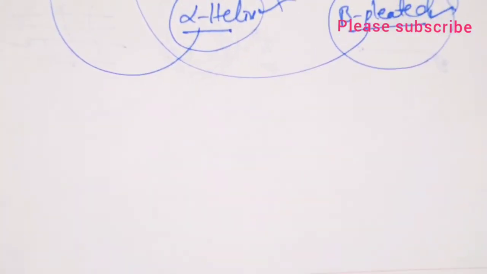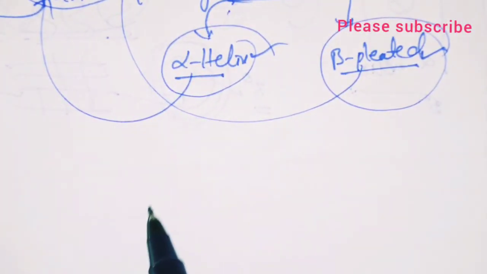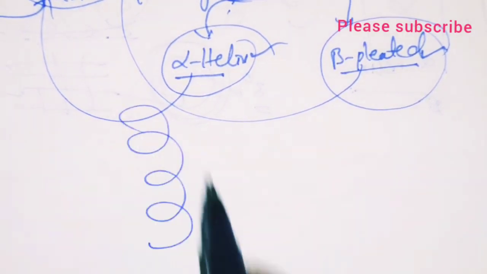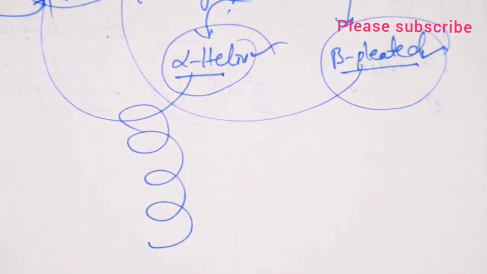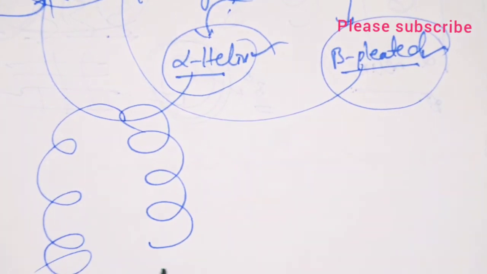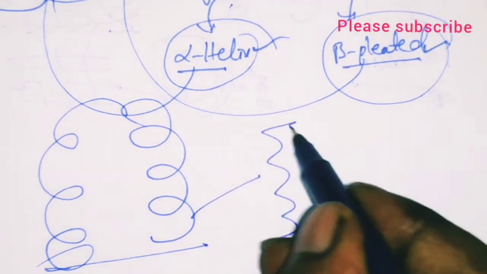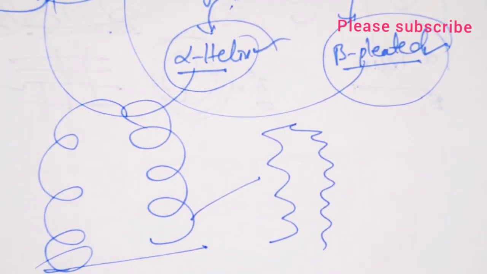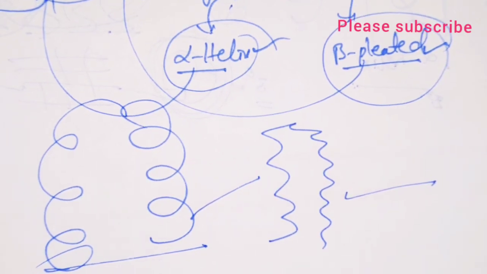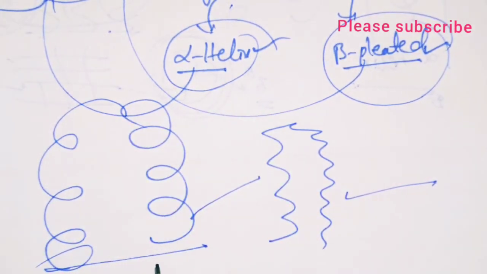Already everyone knows the structure of the alpha helix. So we are taking the alpha helix like this. This is one alpha helix. Suppose it undergoes further folding like this, this is called a tertiary structure. Like that, beta pleated structures also undergo further folding, and that is called a tertiary structure. So what will we get?